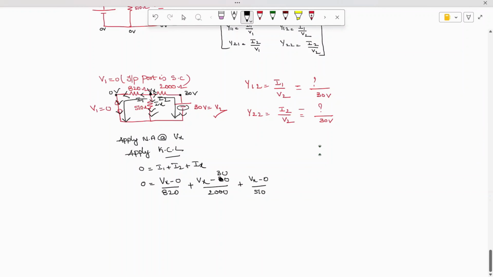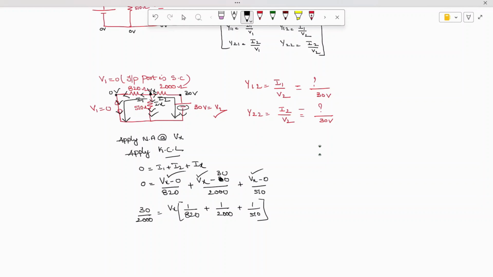Here you can segregate the terms, and you will get 30 divided by 2000, and take Vx as a common term. So that is equal to Vx times (1 by 820 plus 1 divided by 2000 plus 1 divided by 510).